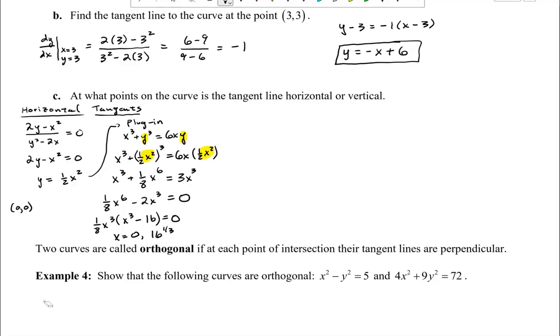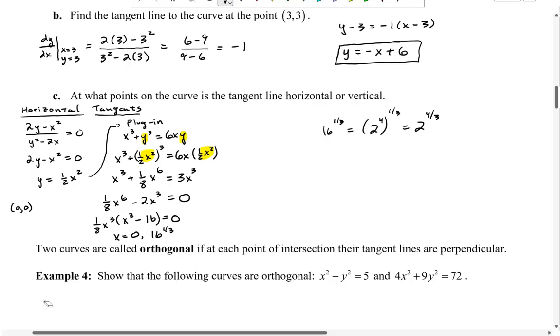Now we find the corresponding y for 16 to the 1/3 power. Let's first notice that 16 to the 1/3 power is the same as 2 to the 4th to the 1/3 power, which is the same as 2 to the 4/3 power. Now, when we plug it into our y equals 1/2 x squared, we get y equals 1/2, and we have this quantity squared.